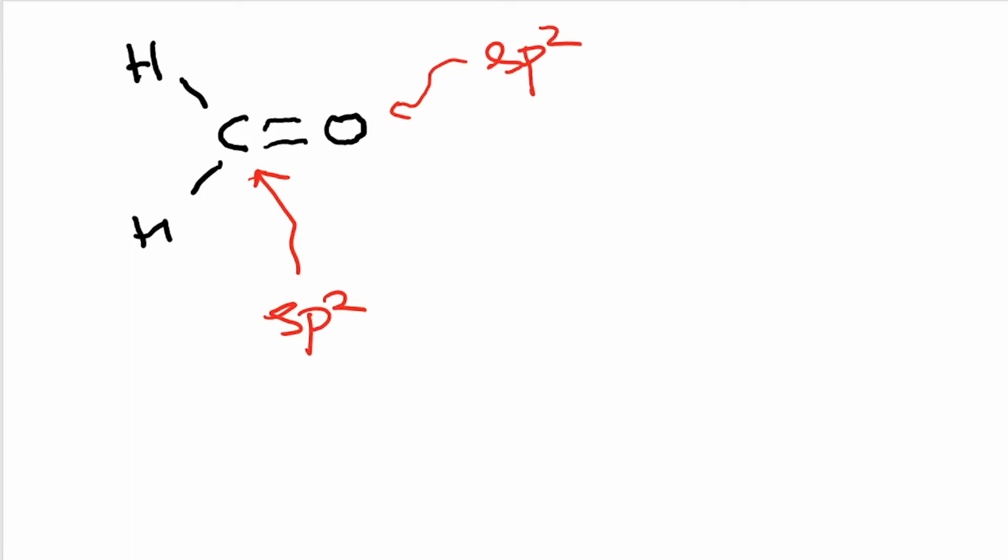And these sp2 hybridizations help us understand the geometry of this molecule. For example, the angle is 120 degrees and so on. But from a bonding standpoint, this carbon is first attached to an oxygen through a sigma bond, and of course to the two hydrogens through sigma bonds.